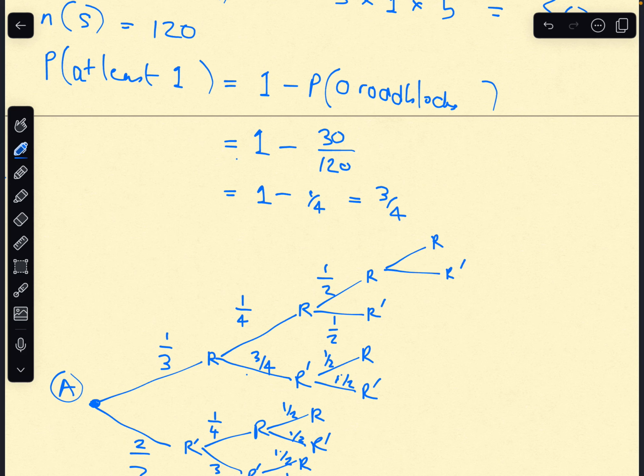I mean, we can't because there is no roadblock, but for the sake of completion, let's just illustrate it. I'm running out of space here, so I'm just going to illustrate the point again. So the chance from town D to town E of encountering a roadblock is 0 because there are no roadblocks on that leg of the journey.